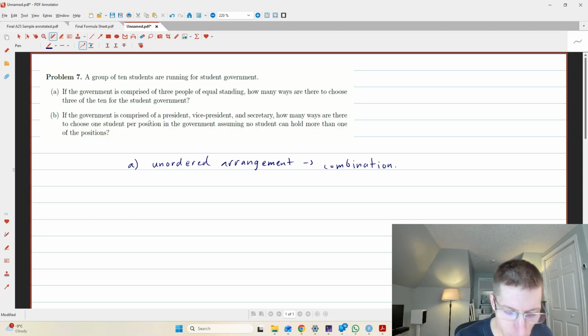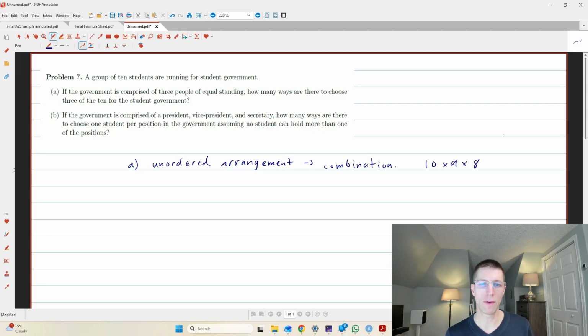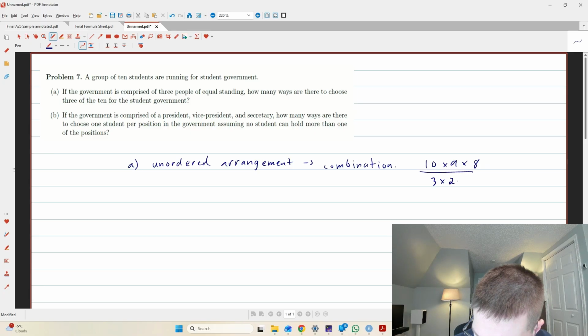So for the first person, there are 10 choices. The second person, there are 9. For the third, there are 8. But this is counting ordered arrangements, like first, then second, then third. So we have to divide by the number of ways there are to arrange 3 things, in this case, 3 people. So we divide by 3 times 2 times 1, the number of ways you can permute 3 things.